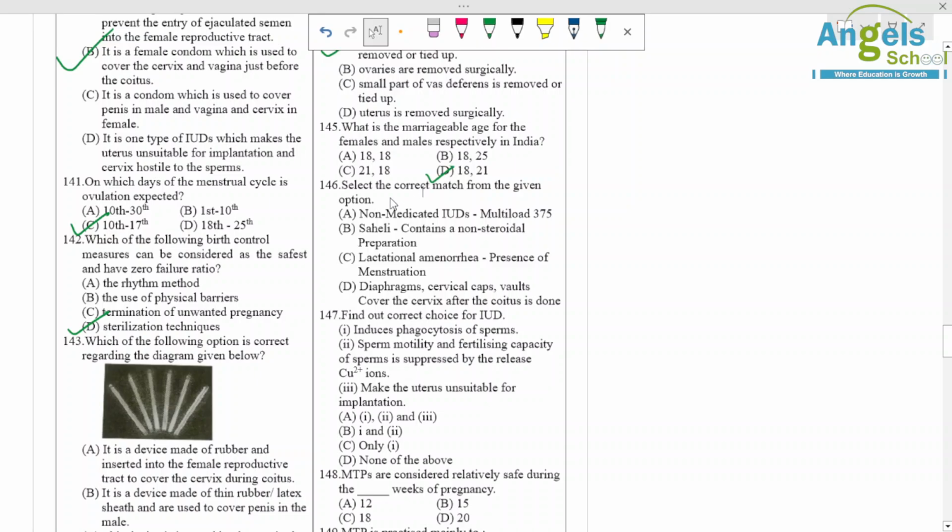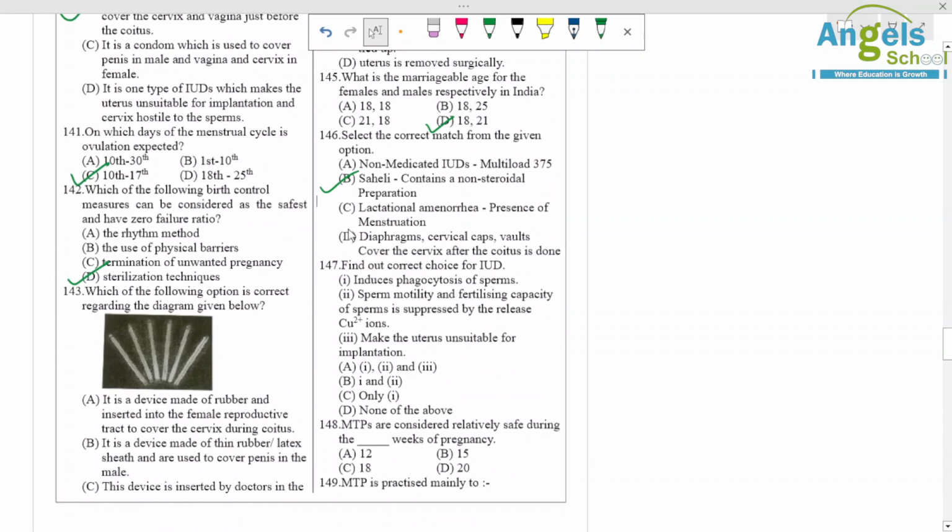Select the correct match for the given option. Non-medicated IUDs: Multiload is obviously copper releasing, so it's an incorrect option. Saheli contains a non-steroidal preparation, so it's a correct option.